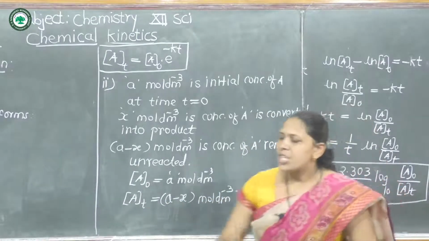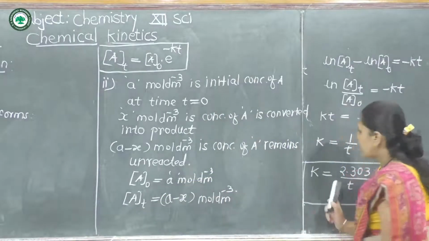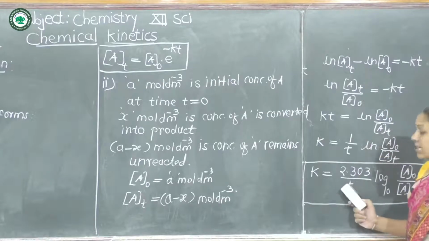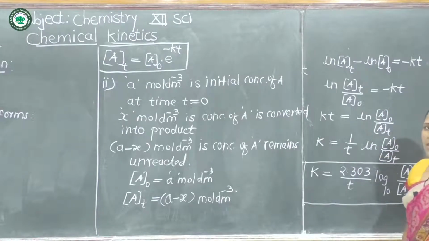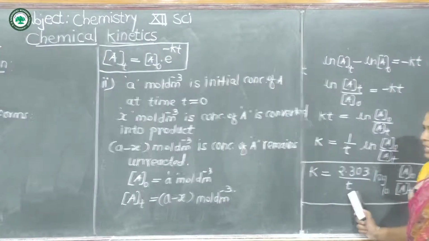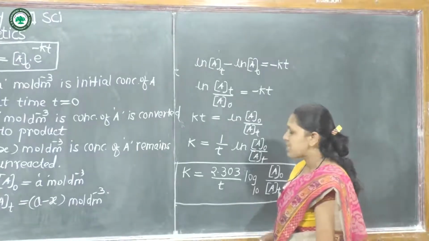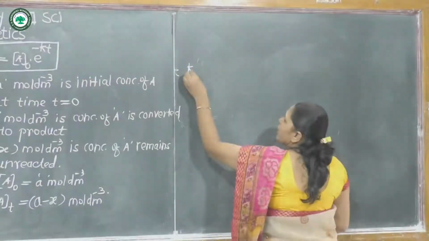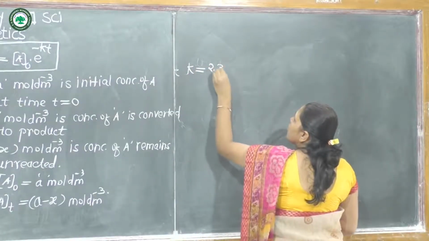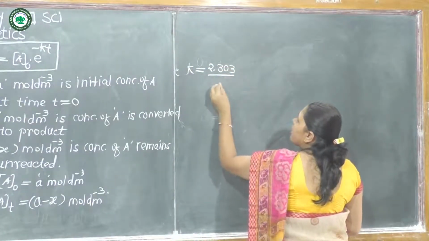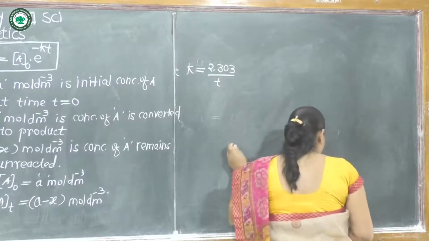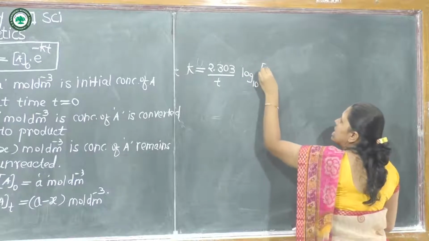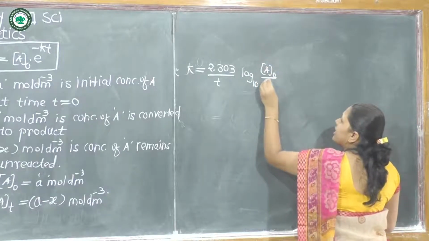Then, substituting this value in this equation, that is k is equal to 2.303 divided by t log to the base 10 A0 upon At. We know that k is equal to 2.303 divided by t log to the base 10 A0 upon At.